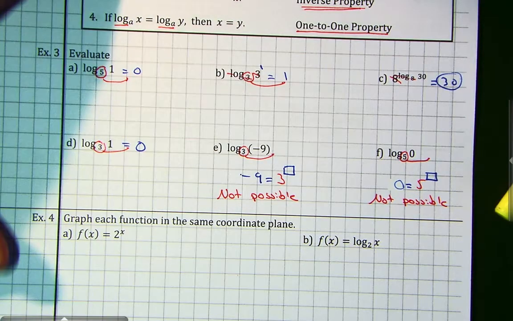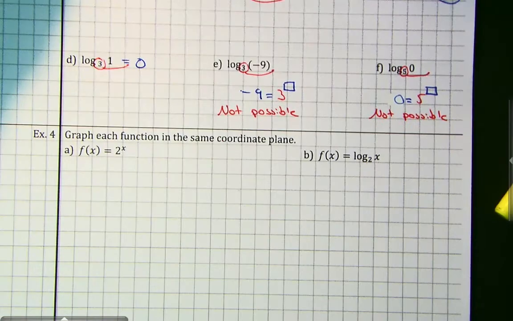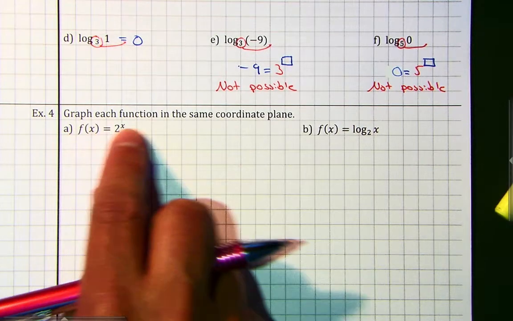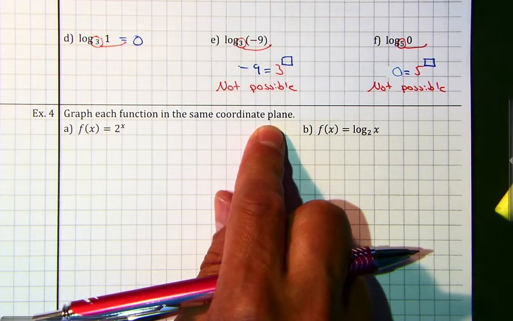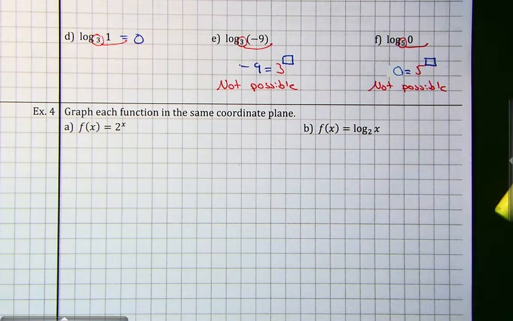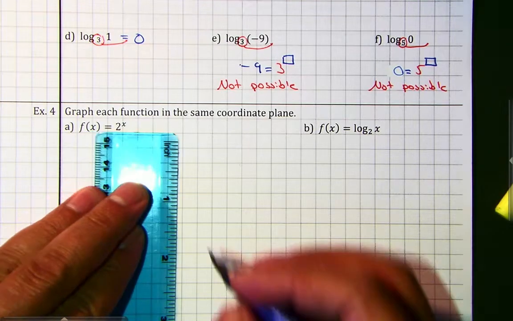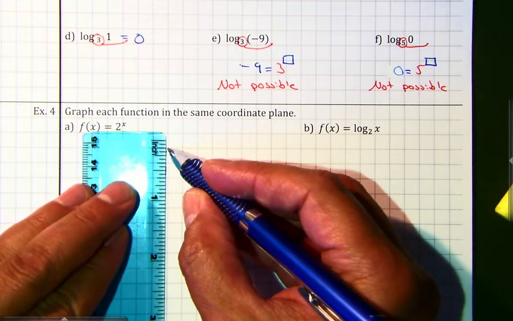So let's go through example number 4. Graph each function in the same coordinate plane. Actually, I'm going to use 2 different graphs for this problem, so we can just say graph each function.